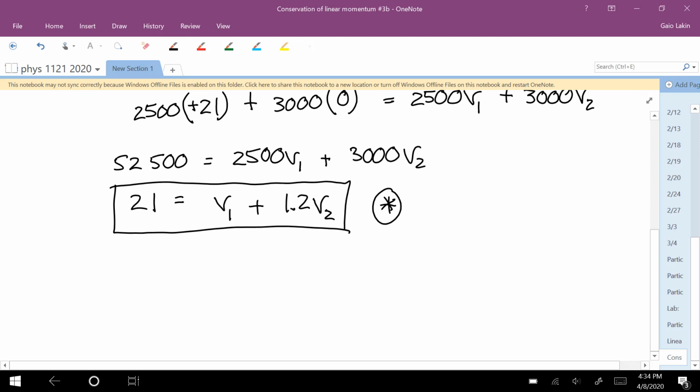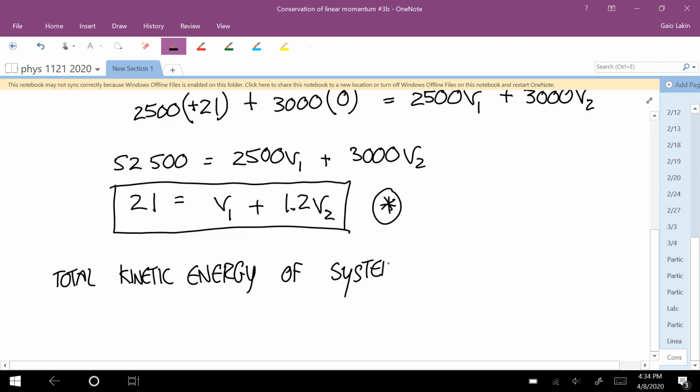And now we'll go on to the one that says the kinetic energies are the same before and after. So you can think of this as the total kinetic energy of the system, and it's unchanged by the collision.